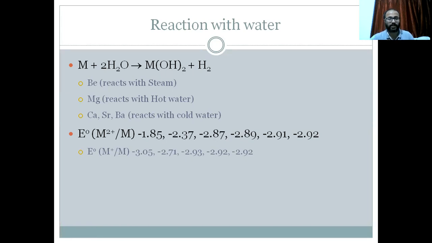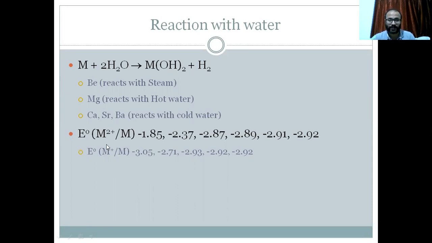Now, if you compare it with the group 1 elements, what do you see? There is a difference here. In group 1, the electrode potential for lithium was highly negative, and that explained why it should be very reactive in terms of thermodynamics.